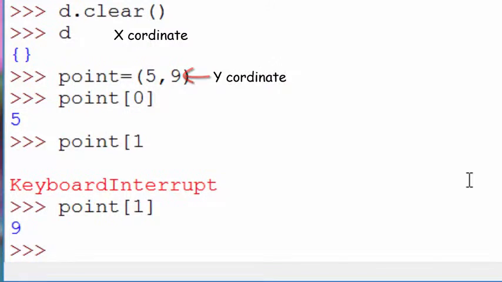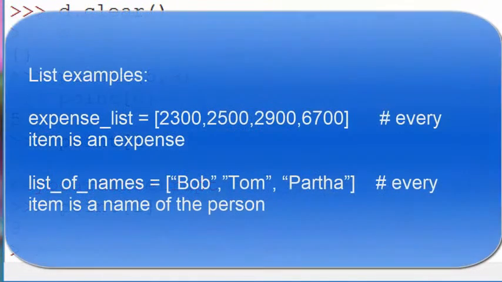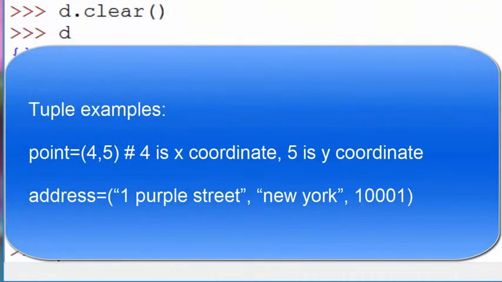Some other examples of lists are an expense list, where all values are basically expenses, or a list of people's names, where each value is the name of a person. A few examples of tuples are point and address. In an address, together there's one purpose, which is that it is the address of one person. But if you look at each individual value, they are different. One is the street name, the other one is the city name, the third one is the zip code.